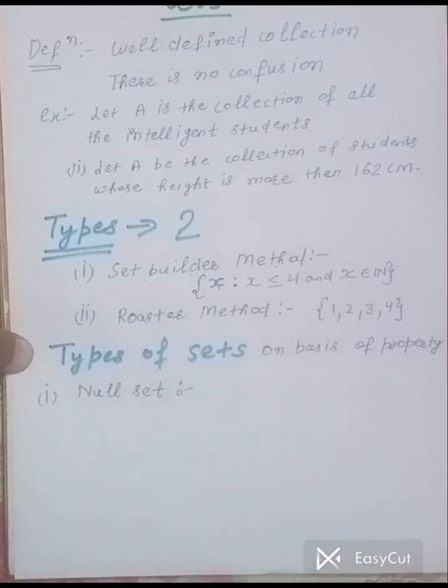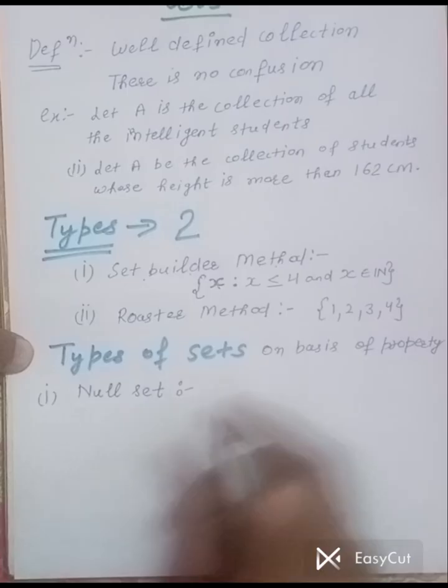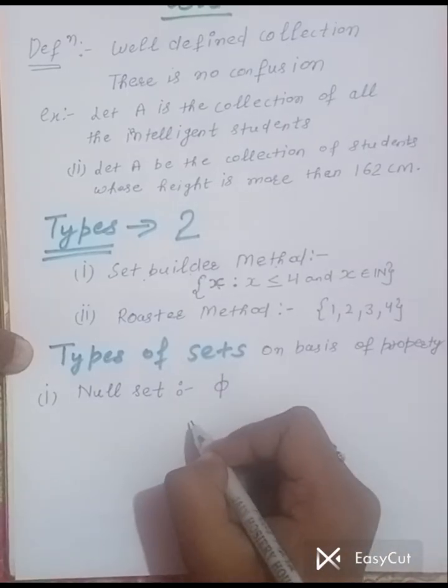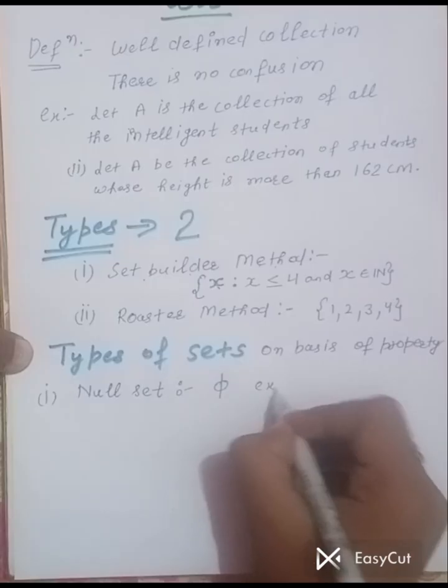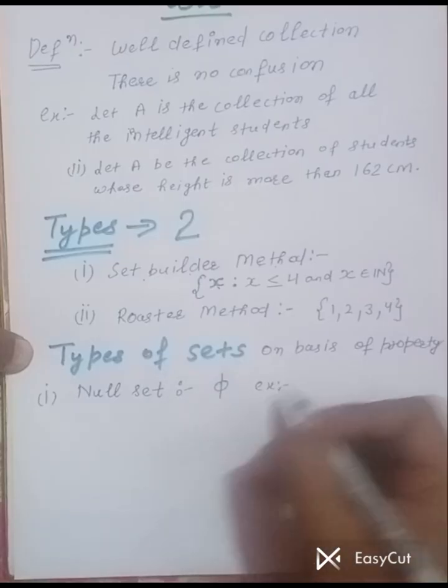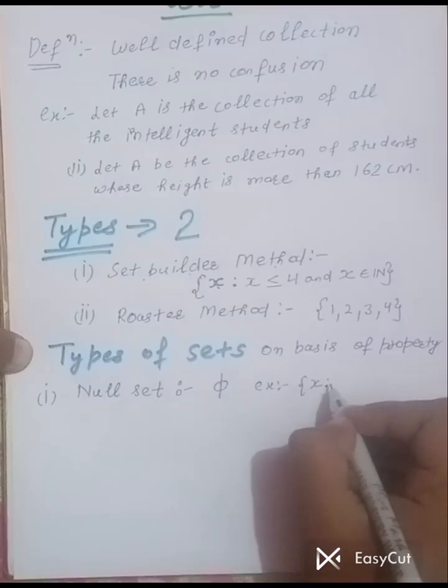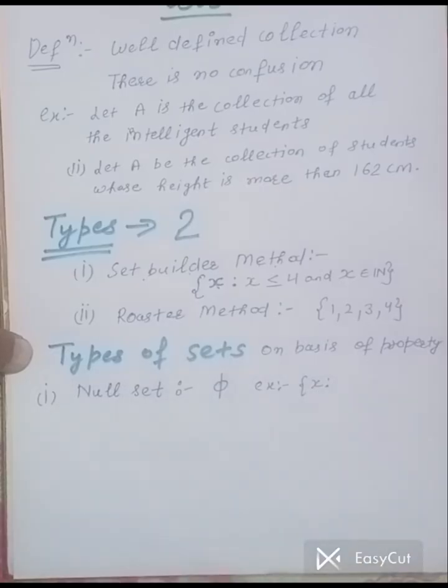The null set is the set in which there is no element. Okay, so we define it by phi. For example, x is a set of elements, and what type of elements does it have?